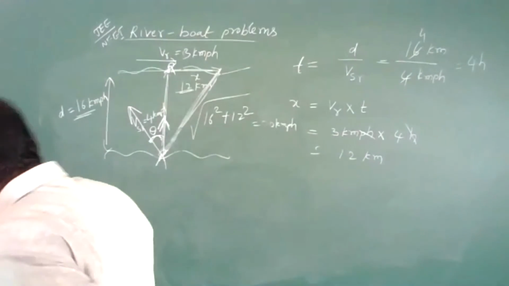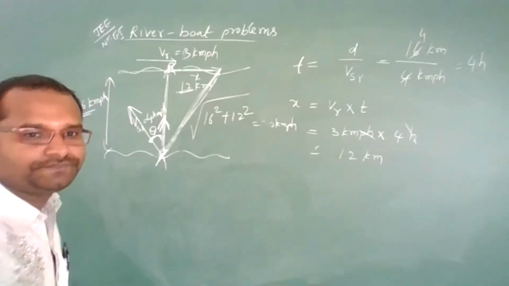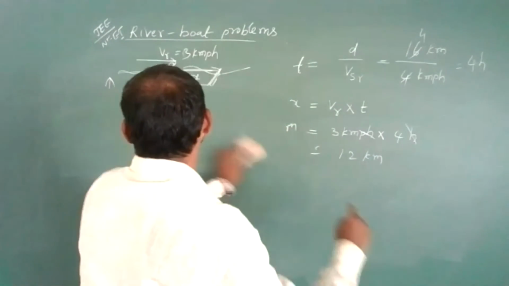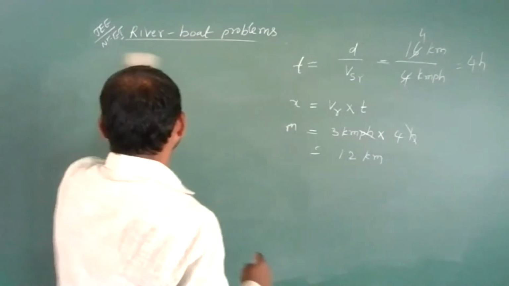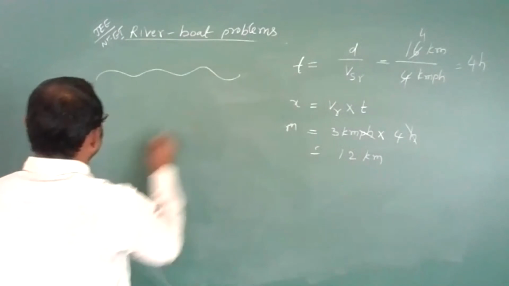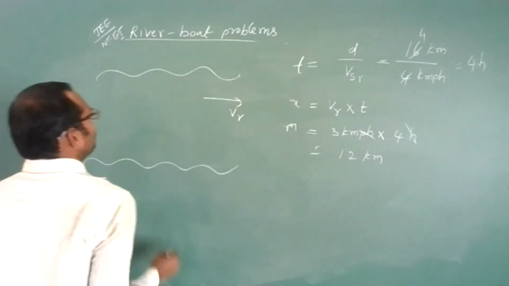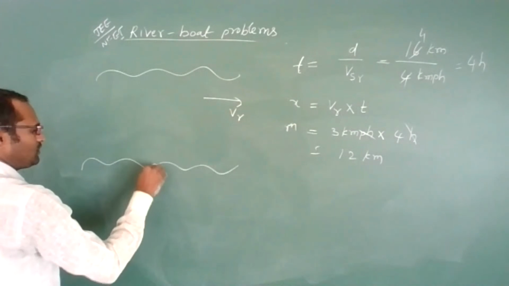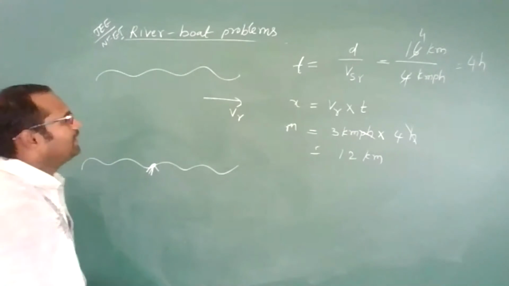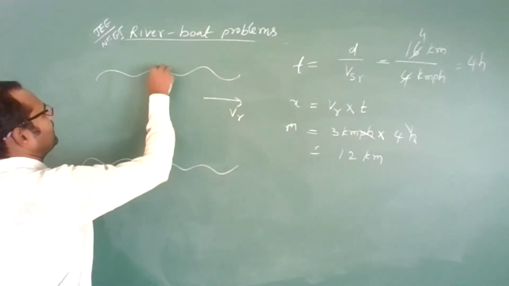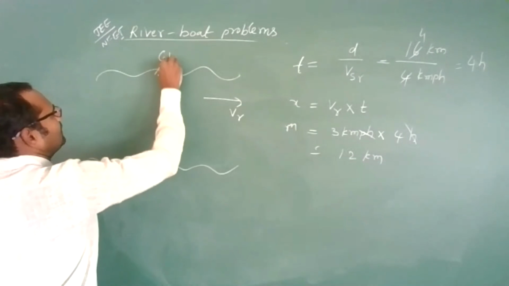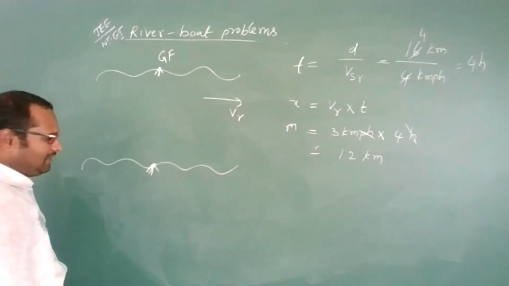Let us see that also. Point understood? What I am saying? Students, there is a bank, this is the river flow, and here you start swimming and you want to reach this point because your friend is there.